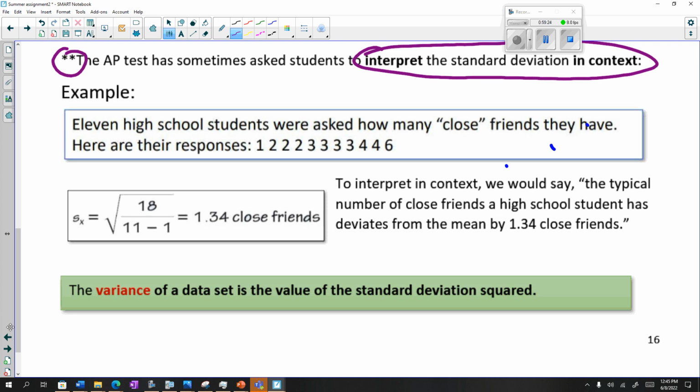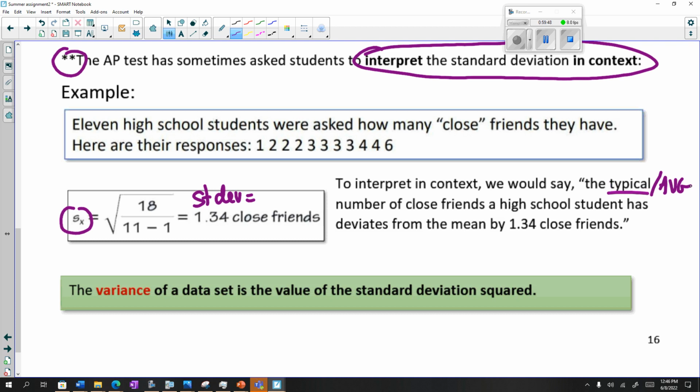They did the standard deviation of these responses, the sample standard deviation Sx, and they got a standard deviation of 1.34 close friends. If we wanted to interpret this in context, we say either a typical or an average. Another word for typical is average. The average deviation from the mean is 1.34.